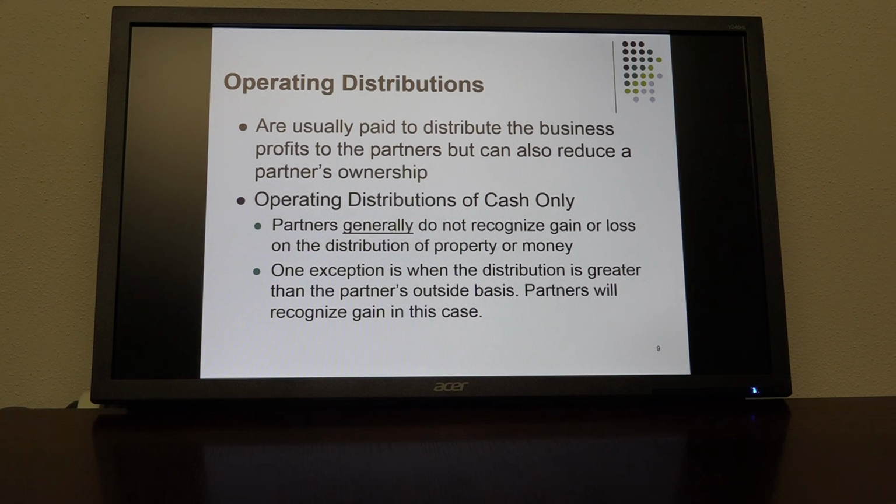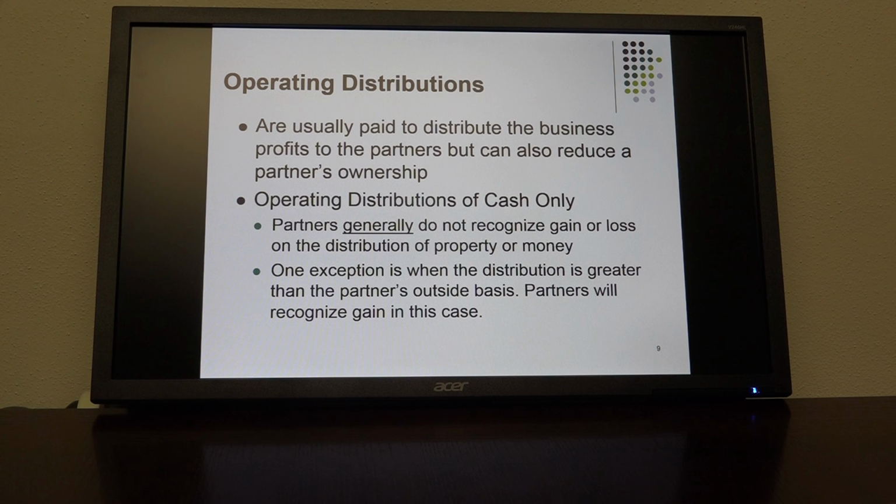If the operating distribution is cash only, the partners generally do not recognize a gain or loss on the distribution of the property or money. They simply reduce their outside basis by the amount of the distribution.